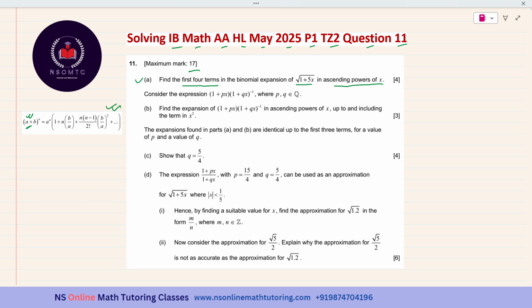Let us first of all rewrite this expression. Square root of 1 plus 5x can be written as 1 plus 5x whole raised to the power of half. This half is equal to n, which is a rational number. Since a is equal to 1, you don't have to pay attention to a to the power of n.